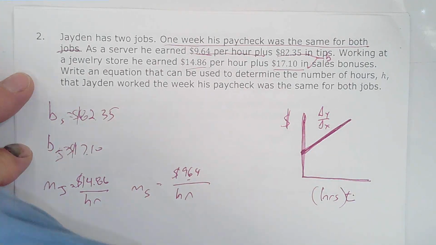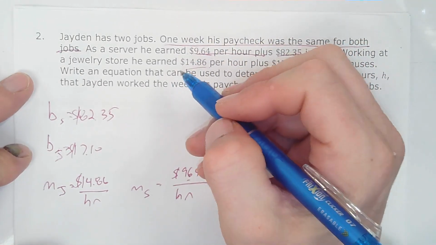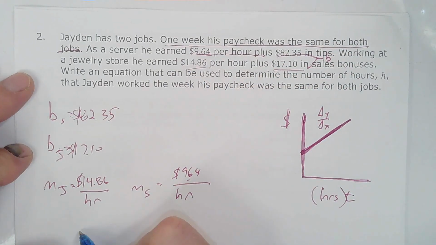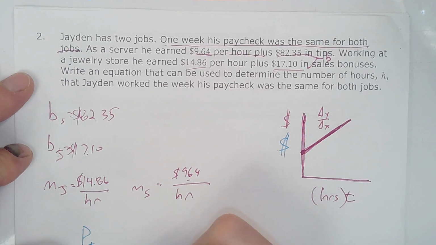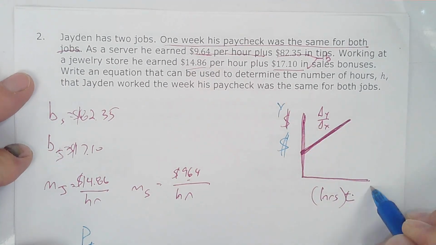I'm going to make one equation for my server. It's going to be blue. That equation is going to equal the pay total, which is in dollars. It's my y. This is my x.